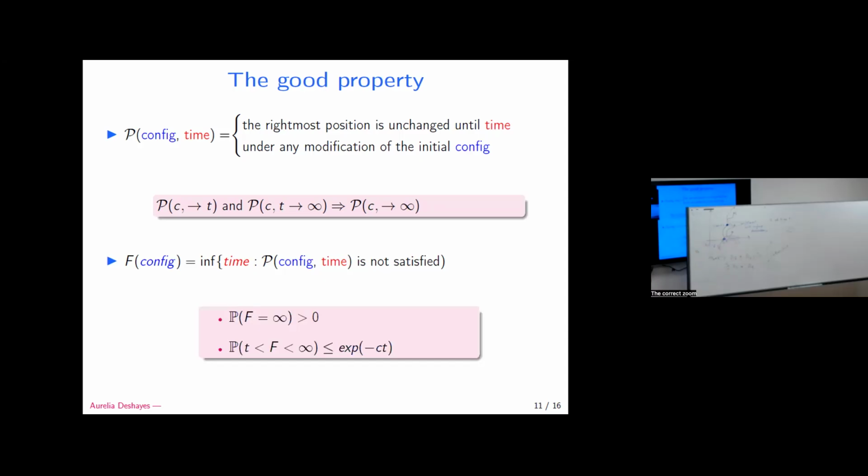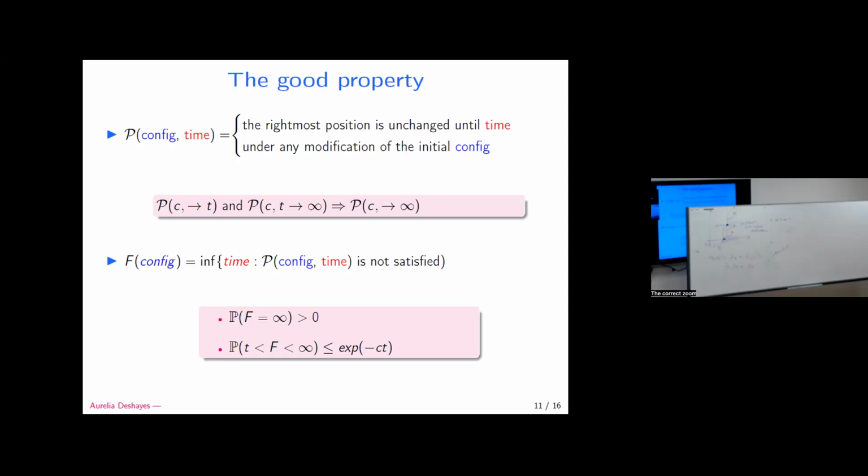And the result is that it is possible that this property is always true. But the probability that f is infinite, that this property is always satisfied, is positive. And we have exponential decay: if I wait too long, it will be finite quickly. If it's true during a long time, it will be true infinitely.